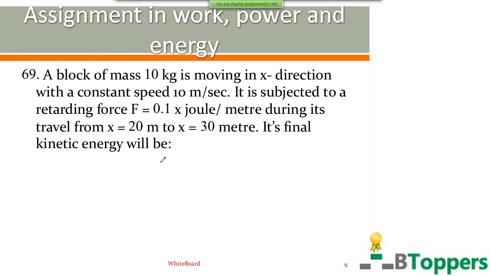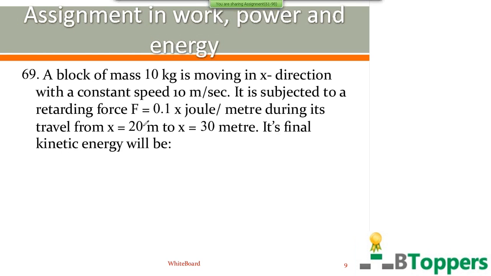Here F represents the magnitude of the retarding force, which acts opposite to the displacement of the block. The displacement is along the x-axis. We assume that the block moves against the retarding force on a horizontal surface, so no work is done by the gravitational force.